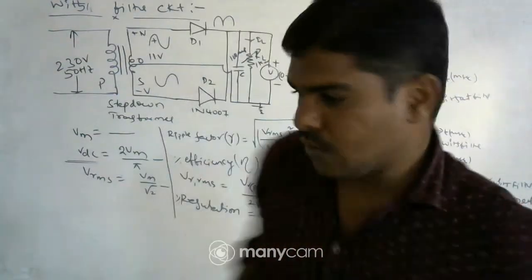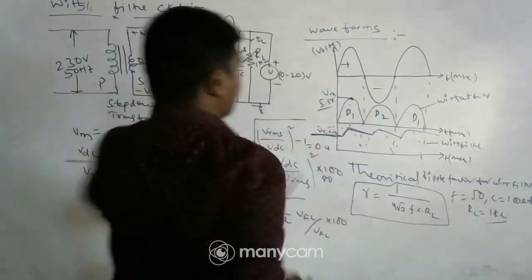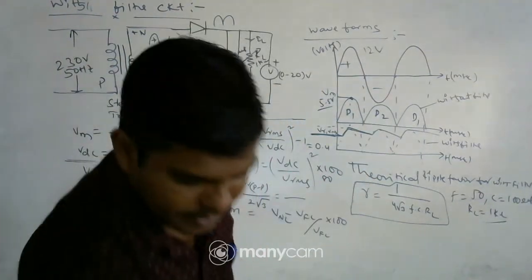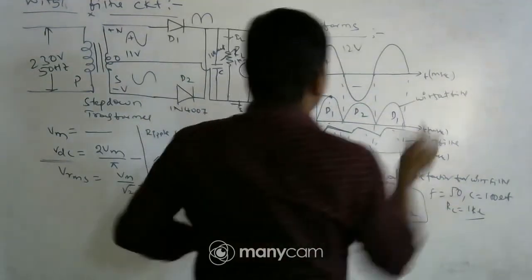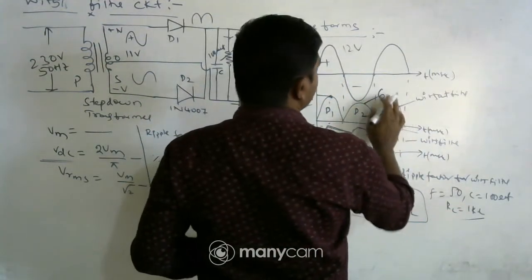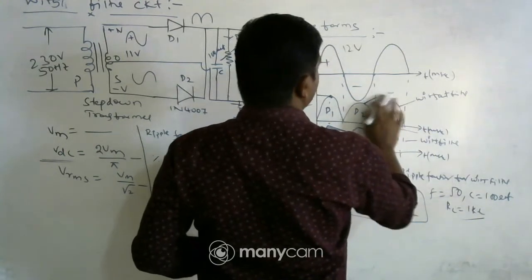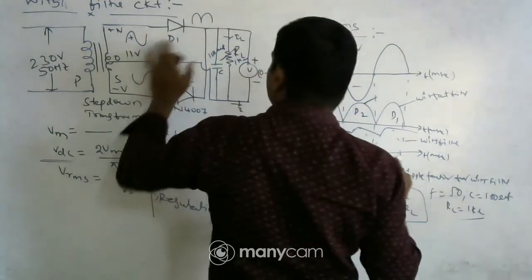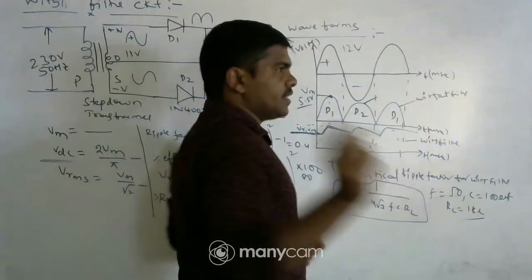Now you see the input voltage is 12 volts peak to peak, and we are getting 12 volts peak to peak, and this peak we are getting approximately 6 volts. That means we are getting approximately, because we connected the load, and the secondary transformer resistance and the diode resistance will be there, so some energy will be consumed.